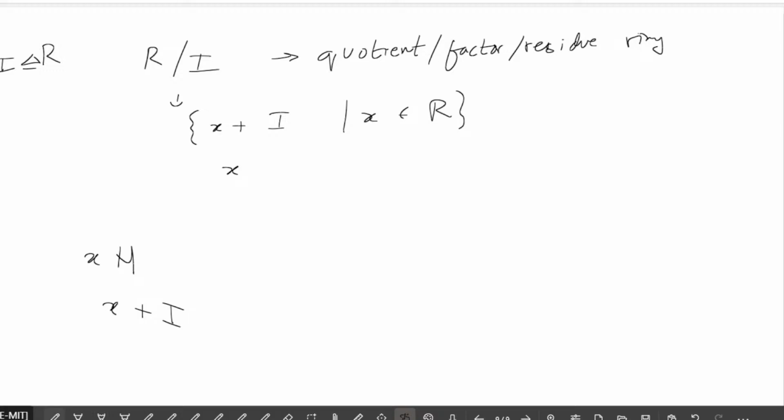You consider this as a group, in the usual way, with extra multiplication. The ideal definition is exactly what you need to make this operation well defined.